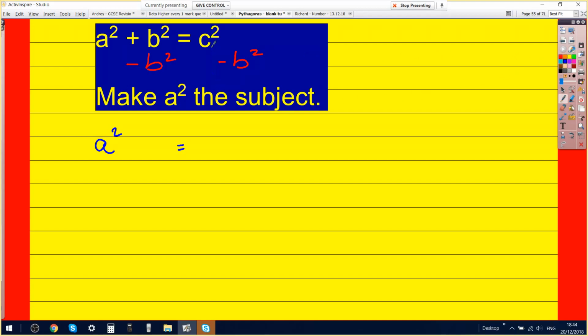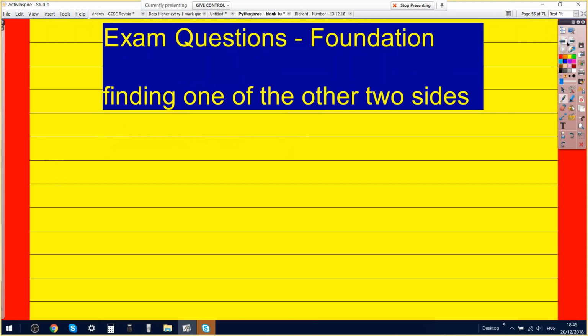And on the right side, what do you have? A squared equals c squared, and we also have minus b squared. So you have to do it to both sides to keep both sides equal. So a squared equals c squared minus b squared.